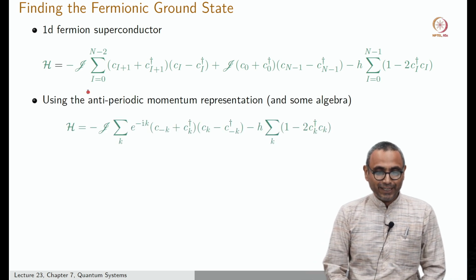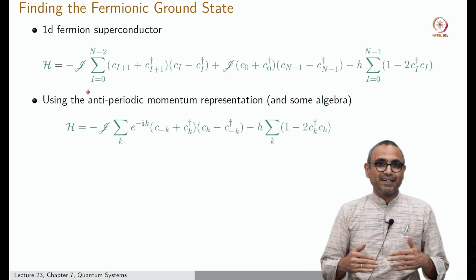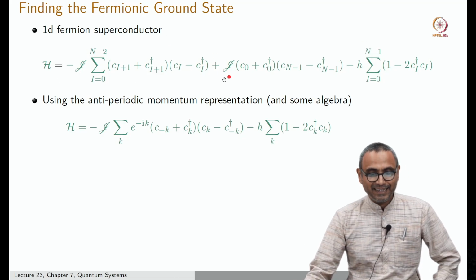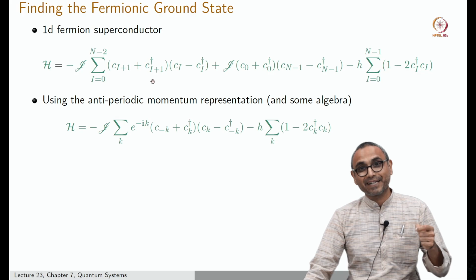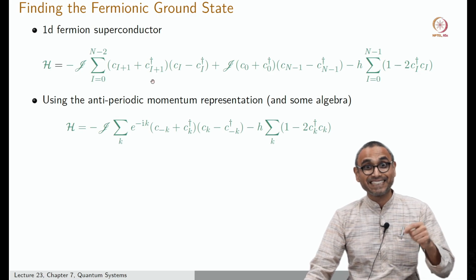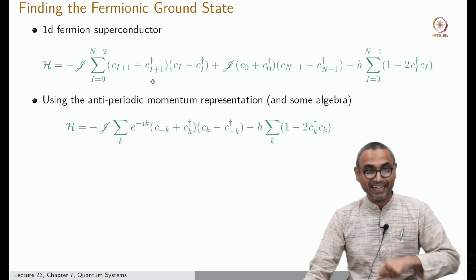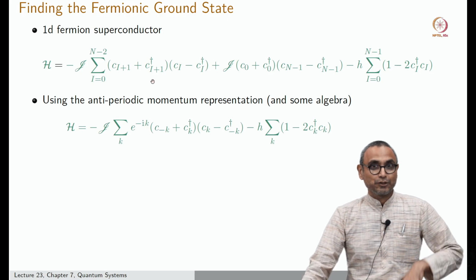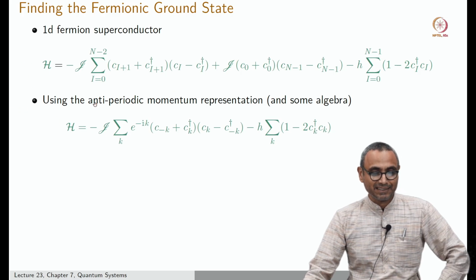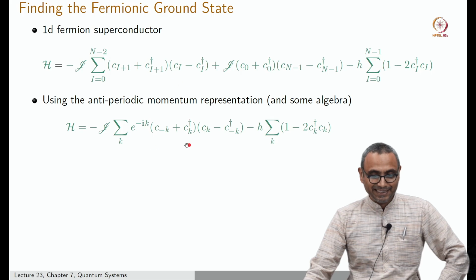So first what I do is I transform this problem into a problem written in terms of the momentum basis operators, namely C dagger k and Ck. So I invite you to do this. You can just substitute the Fourier transform that I mentioned in the last slide into this expression and go through the algebra. You will realize that it will land up in this form.